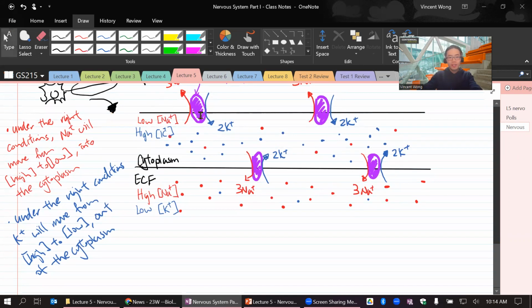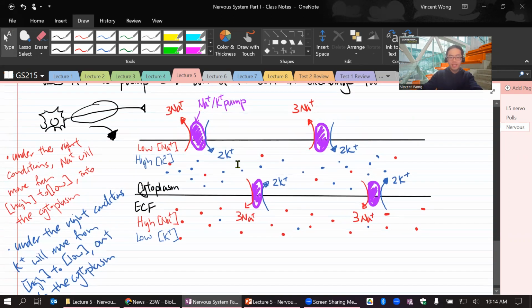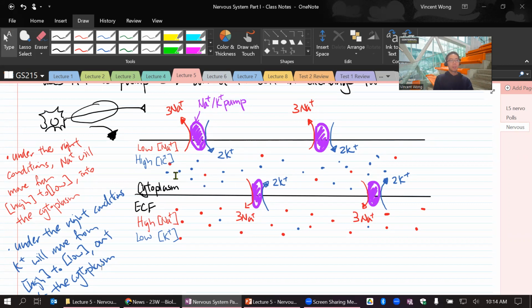Any questions so far? You have to understand that. Otherwise, the rest is going to be super confusing for you afterwards. You understand they cannot do that now, right? Because the membrane prevents the charged particle from passing through, and you have the hydrophobic layer. But they really want to come in, the sodium.